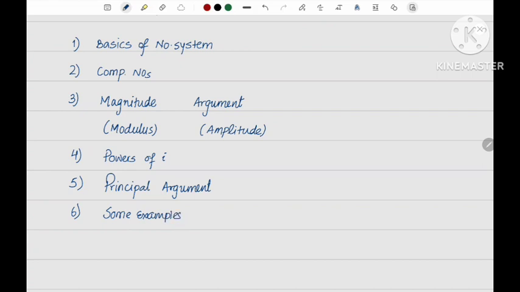Don't worry, we will solve more examples of whatever we saw in the last class. I'm just trying to finish some fundamentals, some theory of basics of complex numbers. Then in the later classes, we will certainly see lots and lots of examples which will make things very clear.